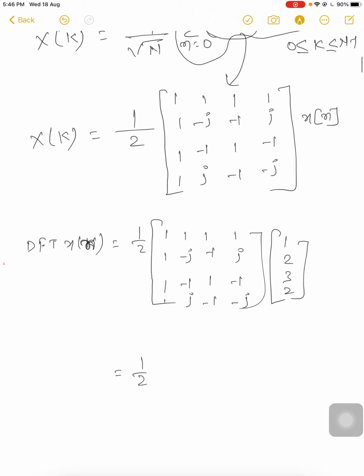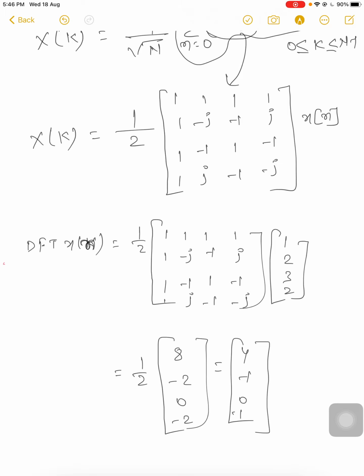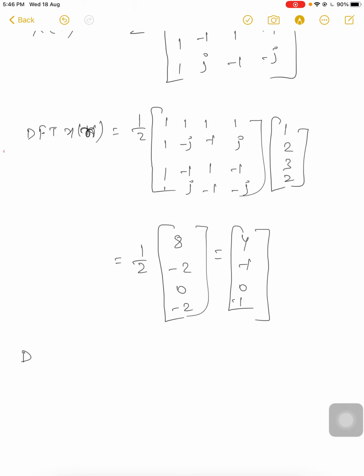After simplification you will get 1/2 times 8, -2, 0, -2, and you will get the signal 4, -1, 0, -1.